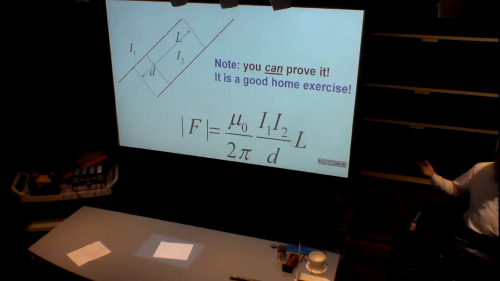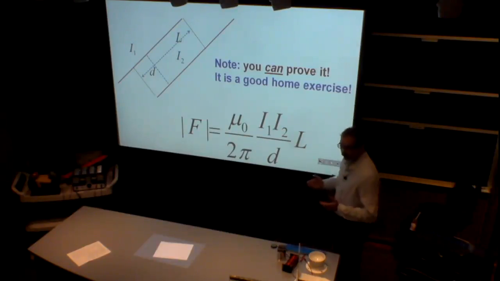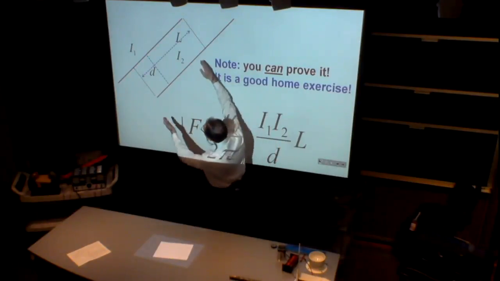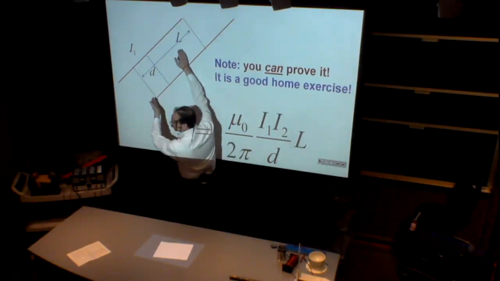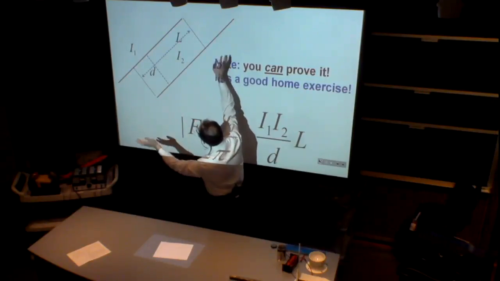Well, and this is the equation which we can use to calculate the strength of that force. Of course, we only need to use that length where the wires overlap, because they don't interact beyond this region.